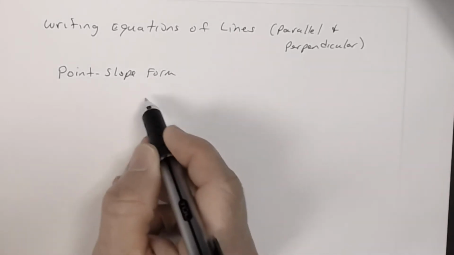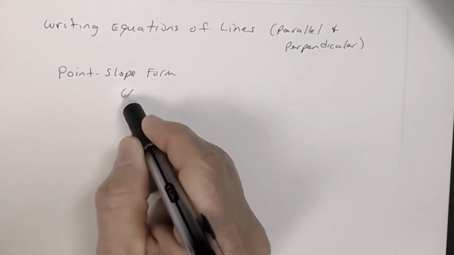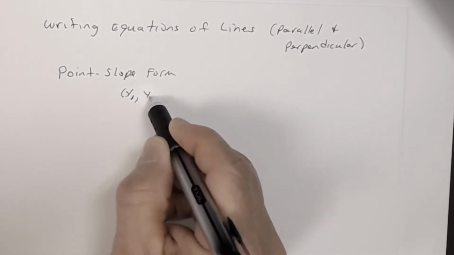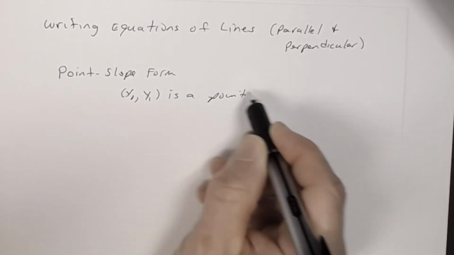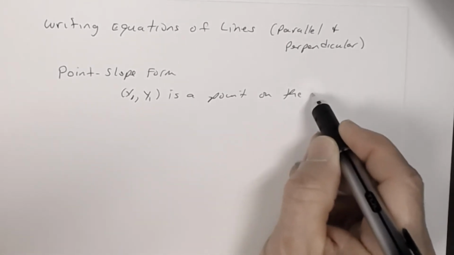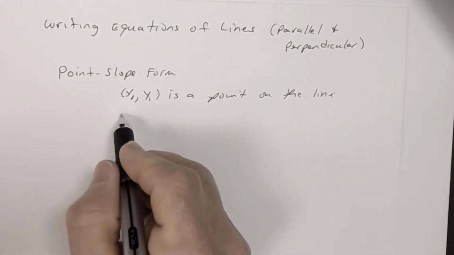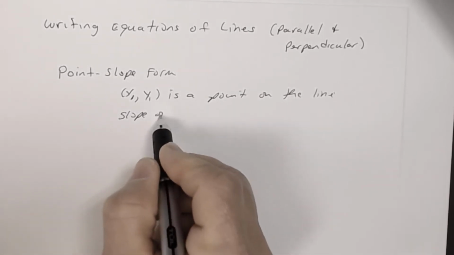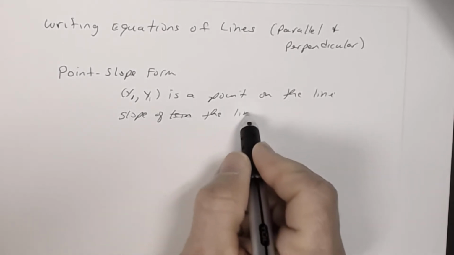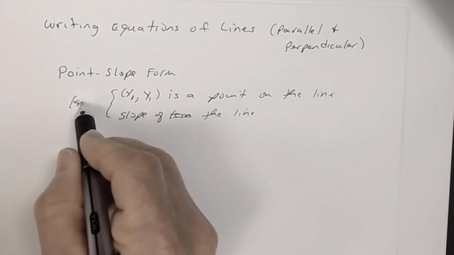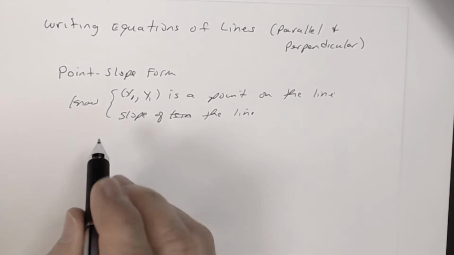So remember, point-slope form says this: if you know a point on the line, let's say (x1, y1) is a point on the line, and you know the slope of the line, so you have to know these things, then you can write the point-slope form of that line.